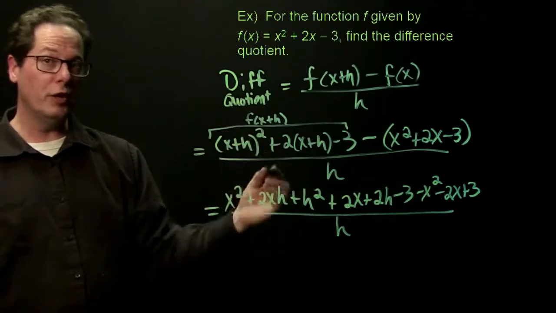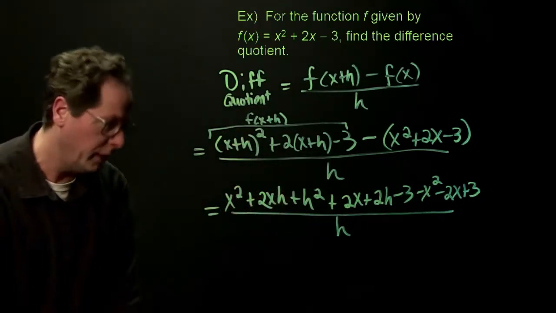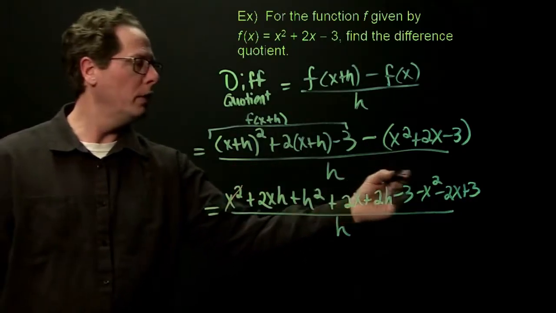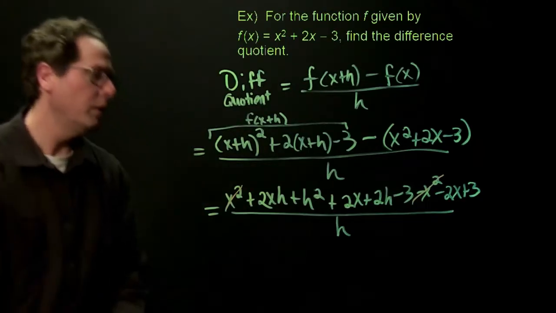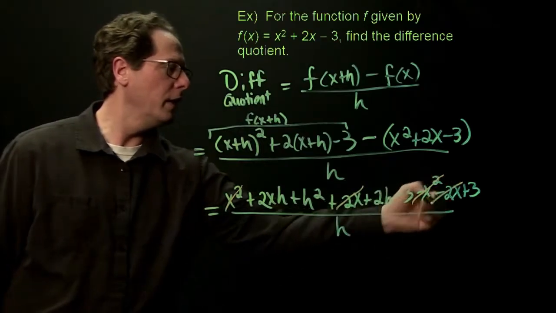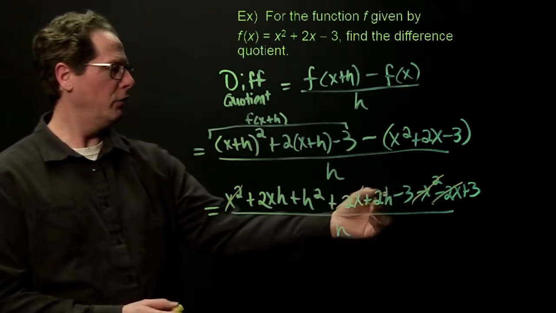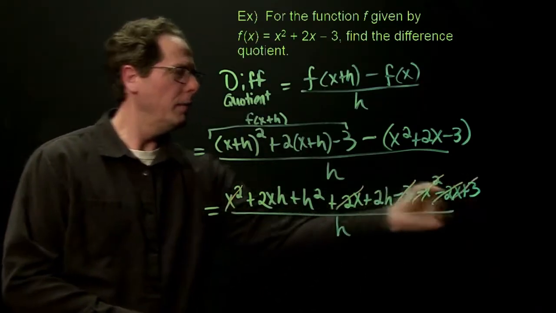So first we got to combine like terms. So that x squared is going to cancel. That x squared right there is going to cancel with that negative x squared way down there. All right. Now that 2xh doesn't have anything that matches it exactly, but that 2x will cancel with that negative 2x. And then look for the minus 3 and the plus 3. You see those combine and cancel.